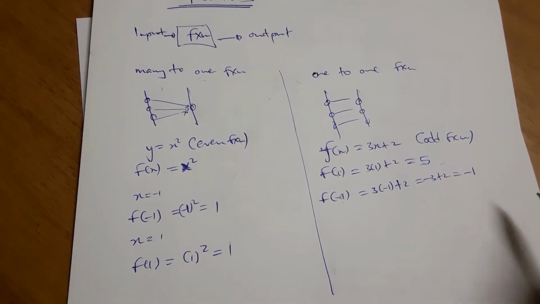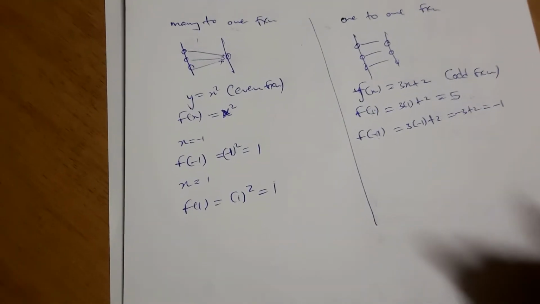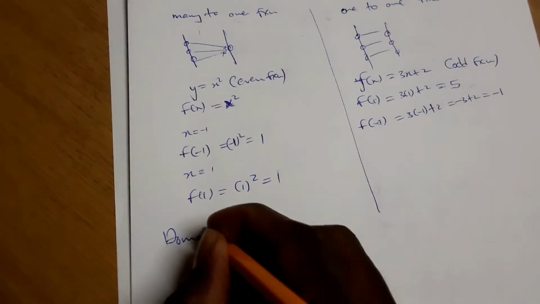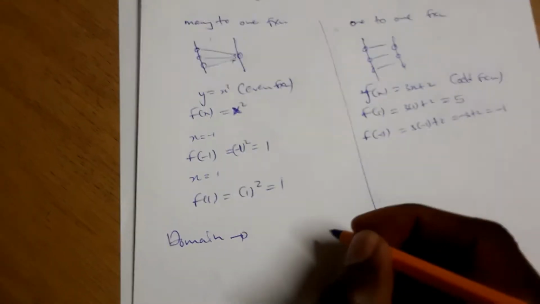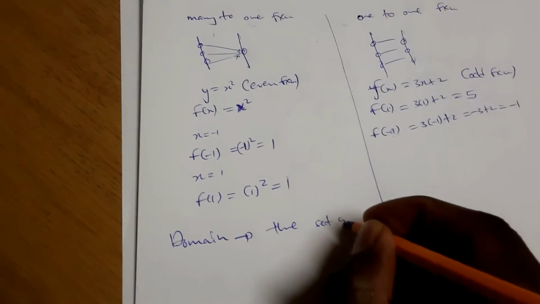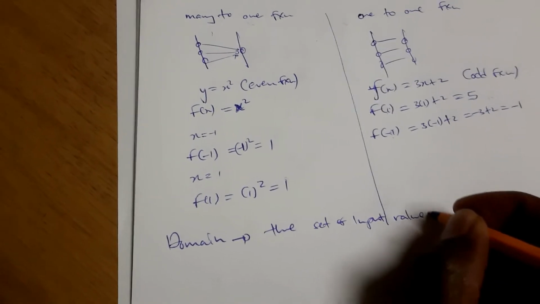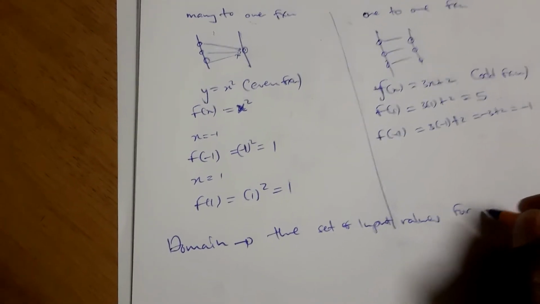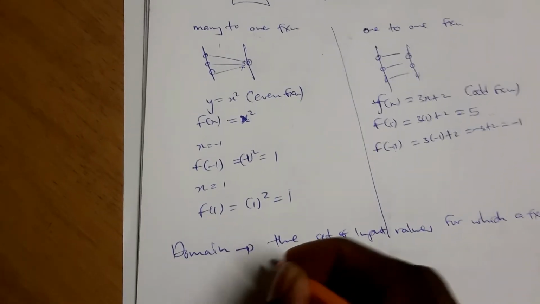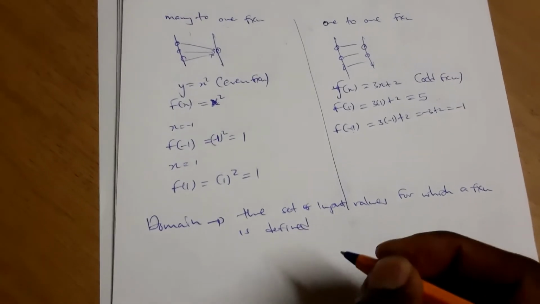So having done that, let's define the important terms that we're going to need when we are dealing with functions. Let's define what we call a domain. So a domain, this is the set of input values for which a function is defined, right?